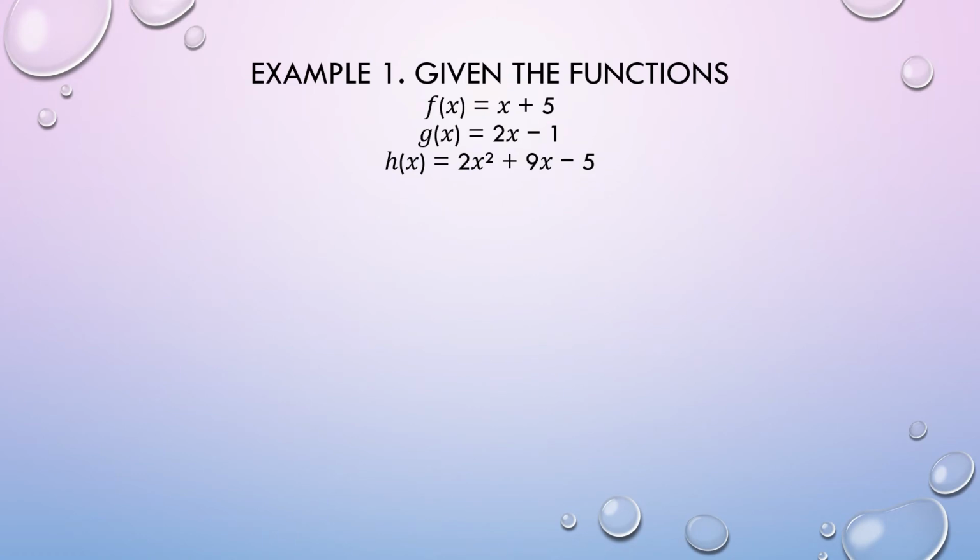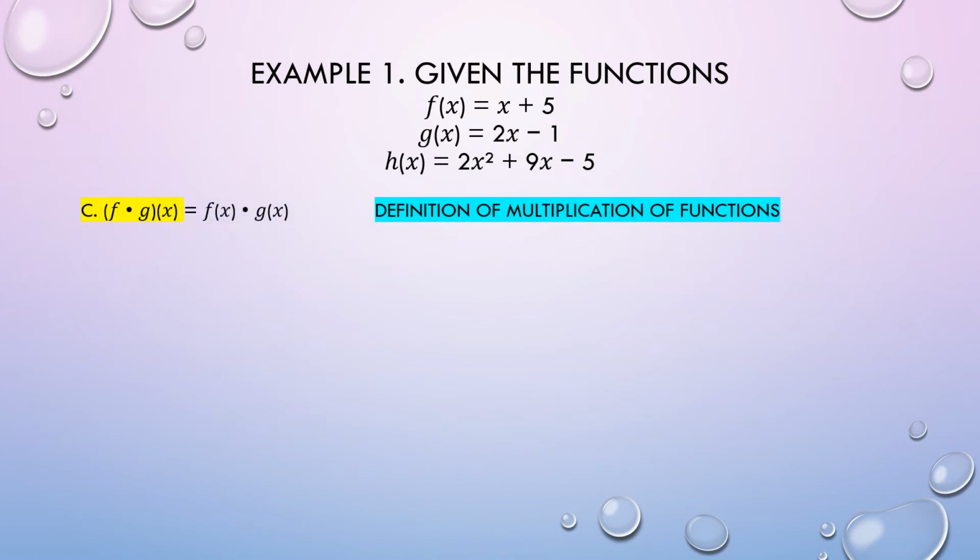Another one. Now we go to multiplication. So if you see this symbol here, that denotes multiplication. So we are going to multiply f of x times g of x by the definition of multiplication of functions.